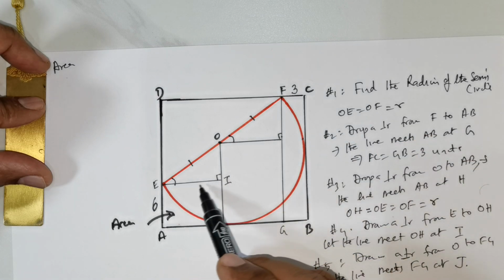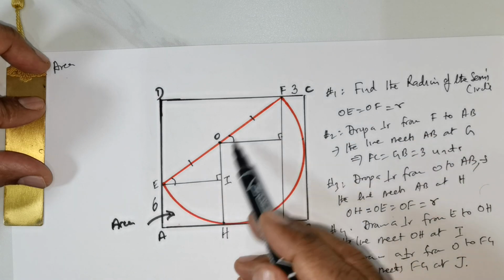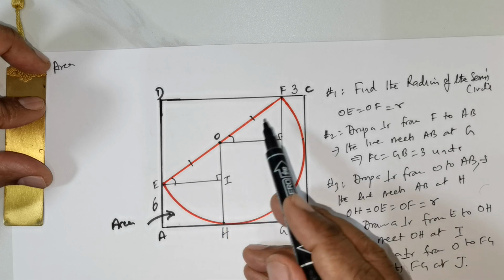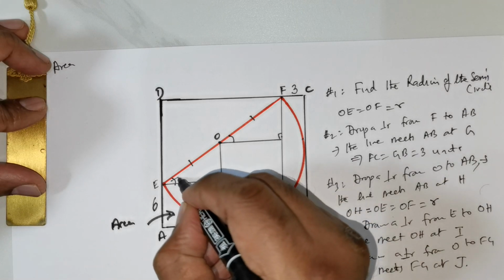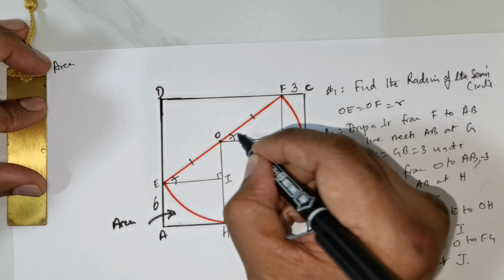Both of them are perpendiculars drawn from the diameter. That is the important part. They're drawn from EF. So this angle is same as this angle.